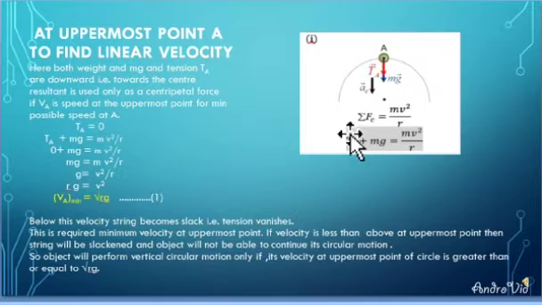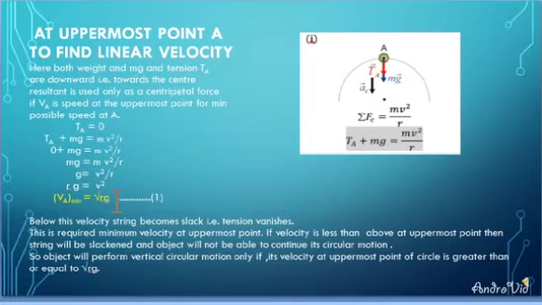So the resultant TA plus mg equals mv square upon r. Substituting TA equal to 0 and simplifying, I get V square is equal to Rg. Now VA minimum is equal to square root of Rg. This equation tells us the required minimum velocity at the uppermost point.